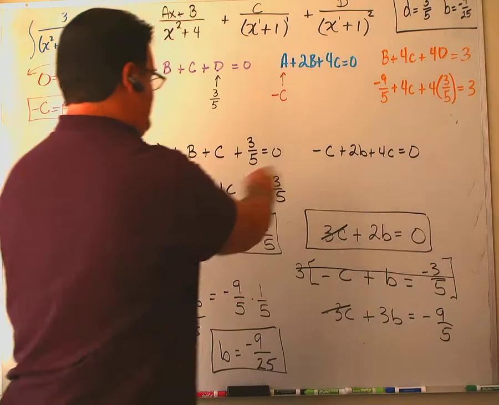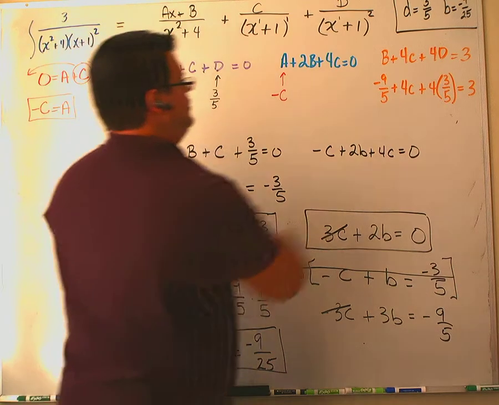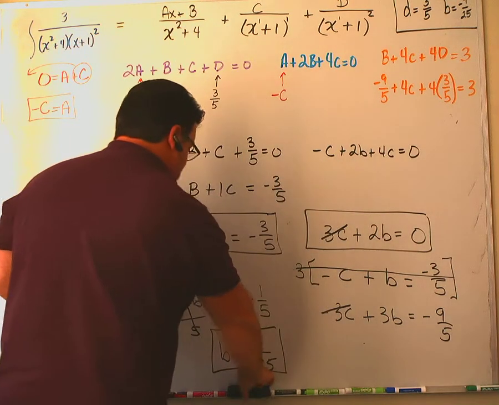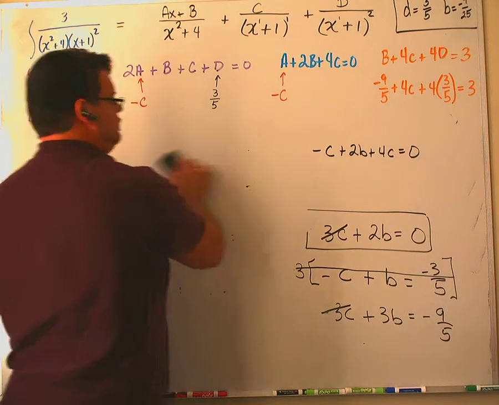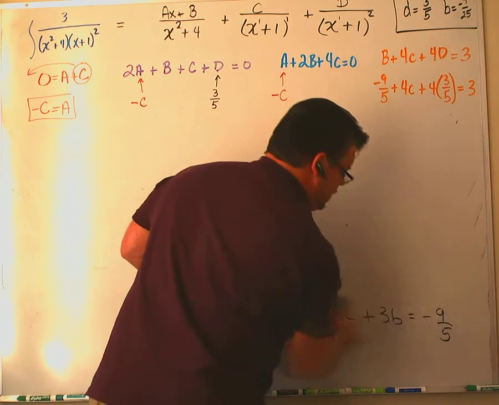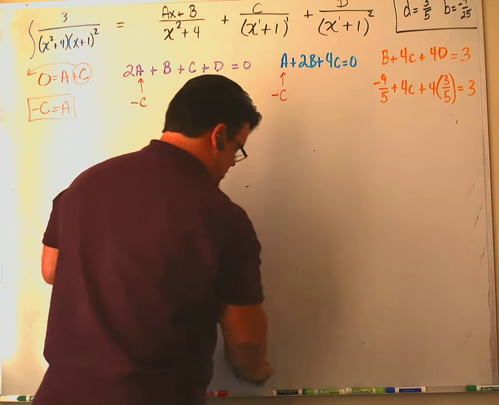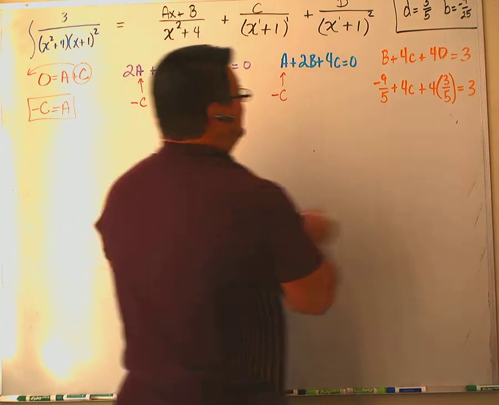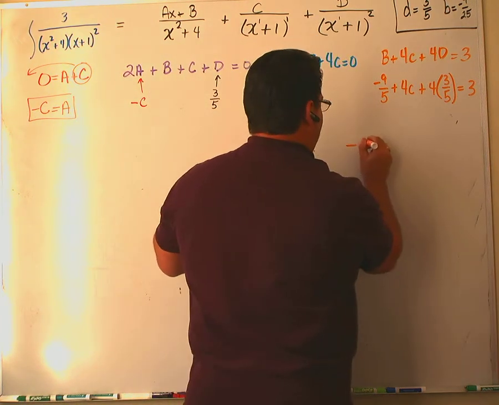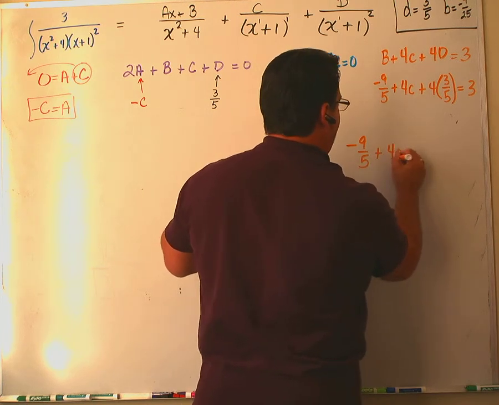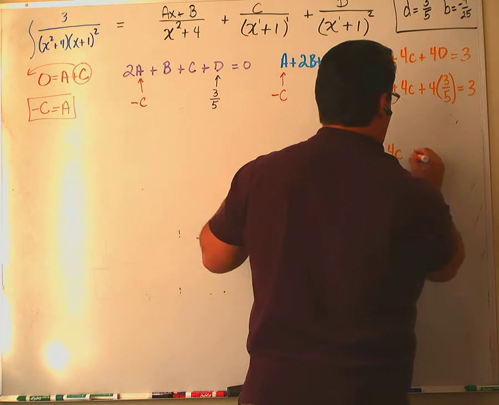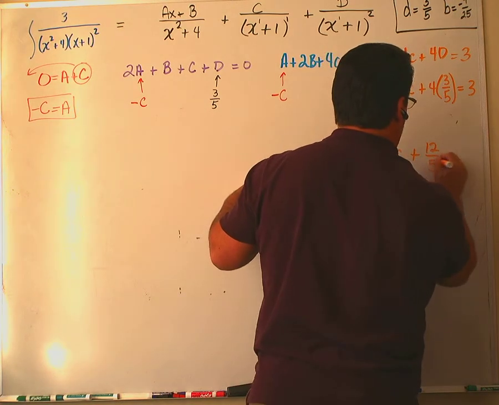I'm going to erase all of this, and we'll solve this equation over here for C. So, negative 9/25 plus 4C plus 12/5 is equal to 3.